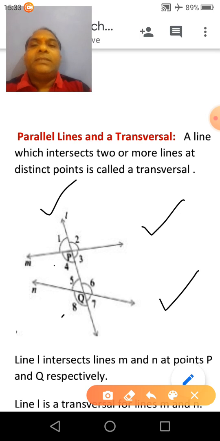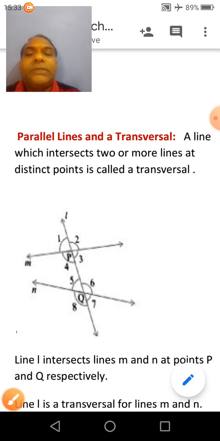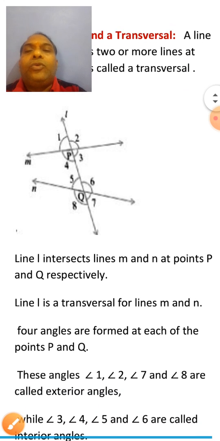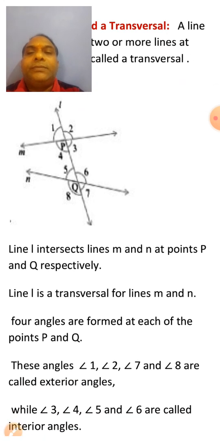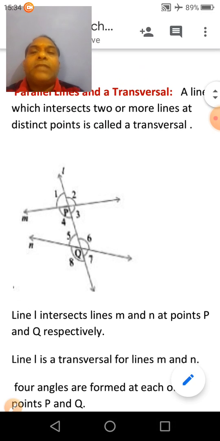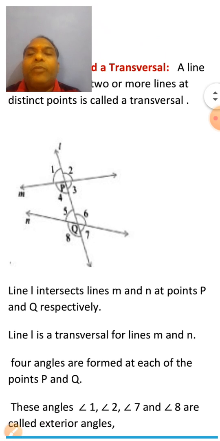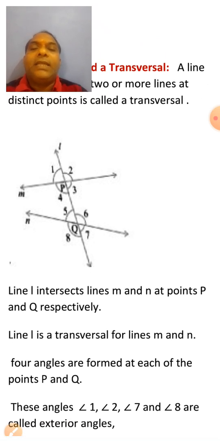So line L is known as the transversal line of line M and line N. When a line intersects two or more lines, then this line is known as a transversal line. So line L intersects line M and N at point P and Q. Line L is a transversal line for line M and N.